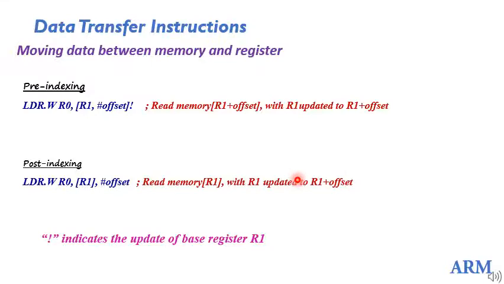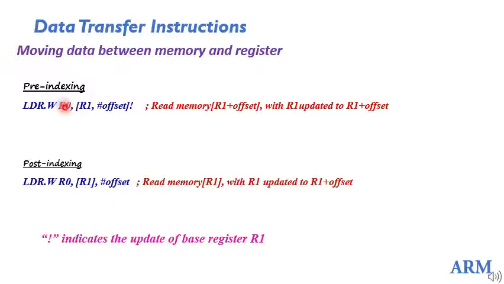So the difference between pre-indexing and post-indexing is, in pre-indexing, first the memory address is computed as per the addressing mode specified, and then the transfer, the loading of the data from that memory location, occurs.